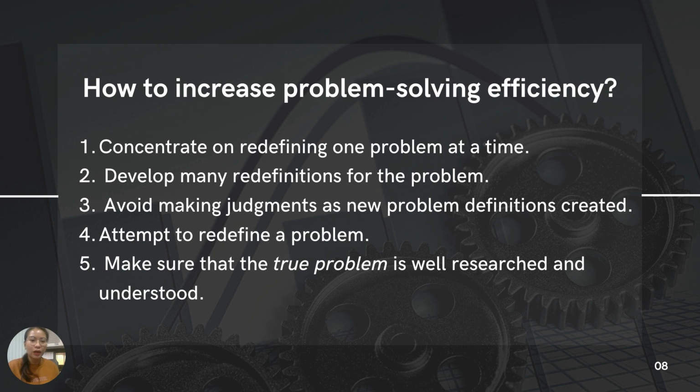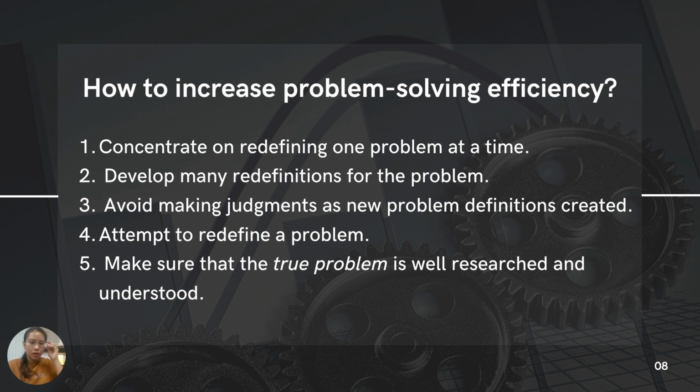Avoid making judgment as new problem definitions are created. So, meaning, do not conclude yet; consider the possible new definitions that can be created out of the main problem that you have identified. Number four is attempt to redefine a problem in terms that are dramatically different from the original problem definition.